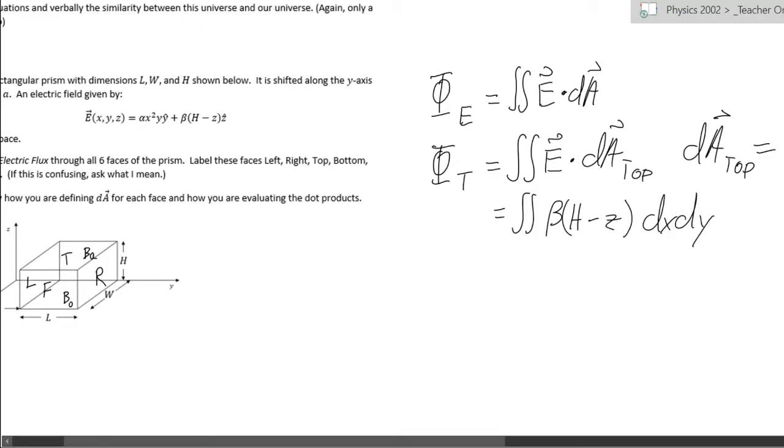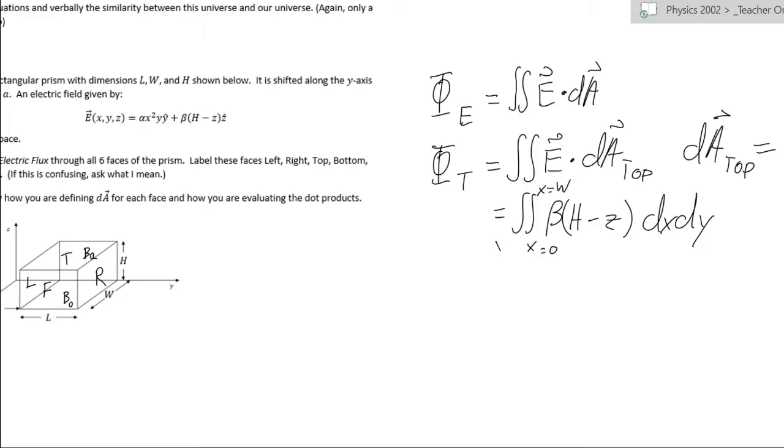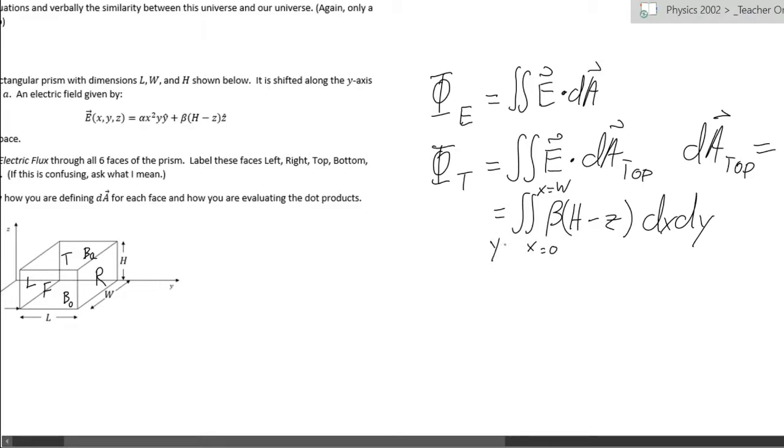And in principle, we would have our limits of integration: x goes from 0 up to w, and y goes from a to a plus L. Okay. But we have to be careful here because we need to evaluate what z is, because this entire surface up here is going to have the same value of z, and that value of z is h.